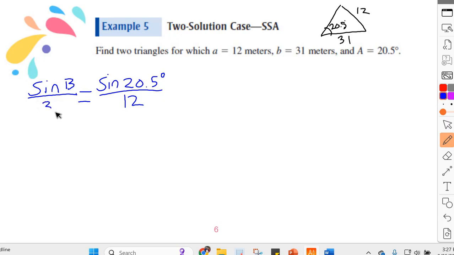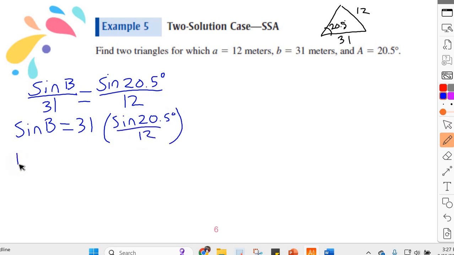Make sure that you have those set up correctly. Right, okay then. So then what do we do? Multiply by 31. Pretty similar each time. And then what do we want to do? Okay. And what do we get?